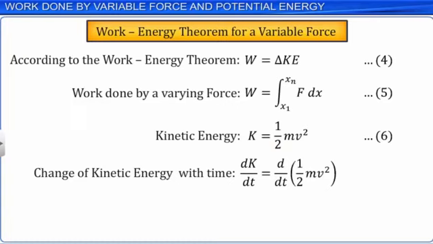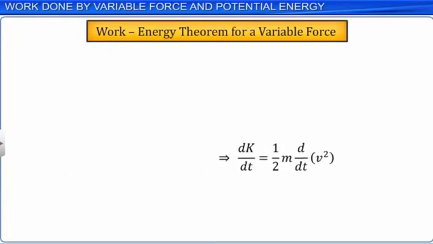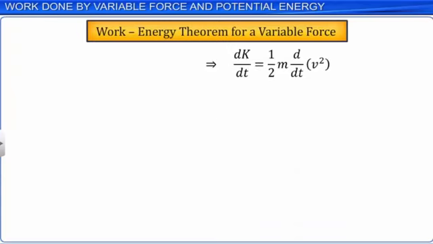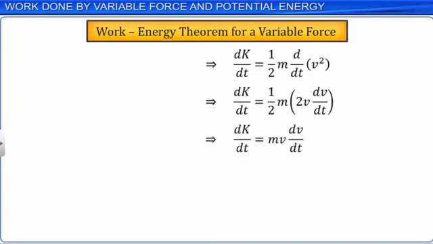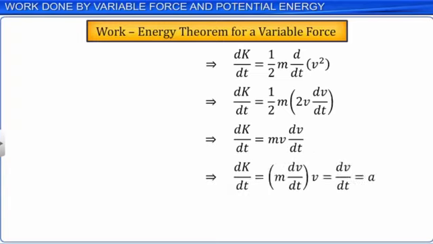Thus, on simplification, we get dK by dt is equal to half m d by dt of v square. On further simplifying, we get dK by dt is equal to half m into 2v dv by dt. Thus, dK by dt is equal to mv dv by dt. This can also be written as dK by dt is equal to m dv by dt into v.